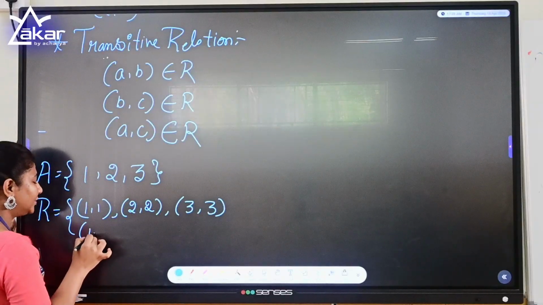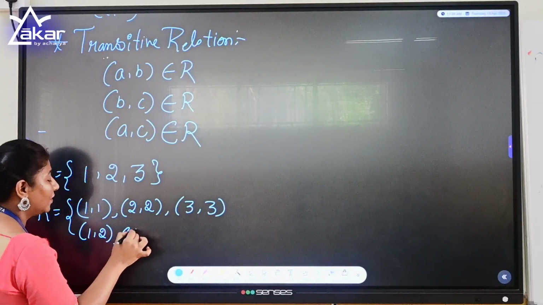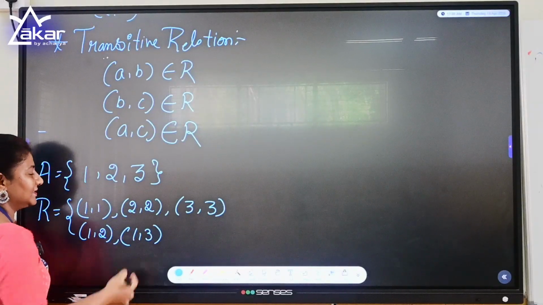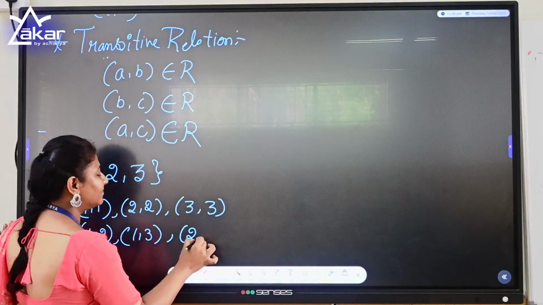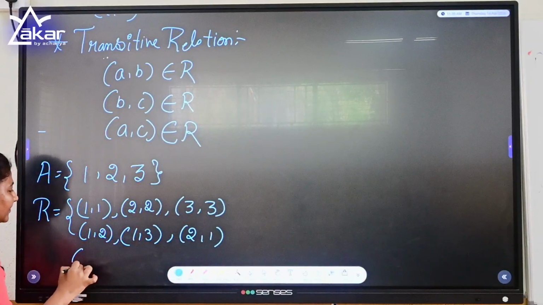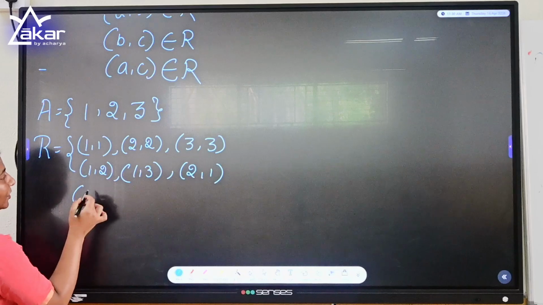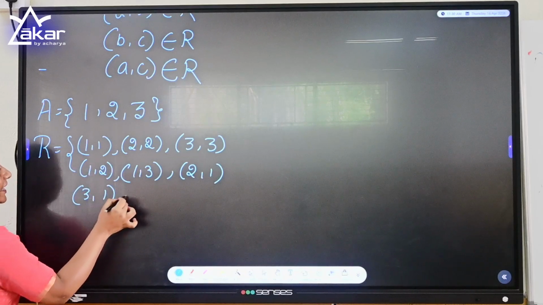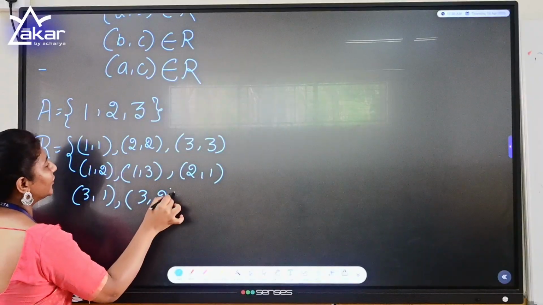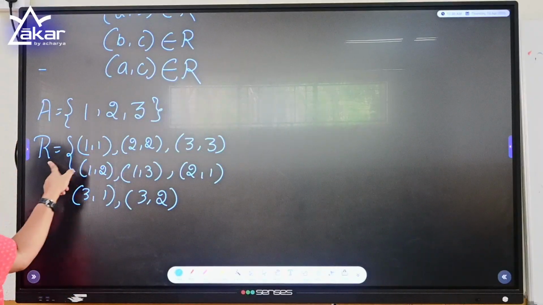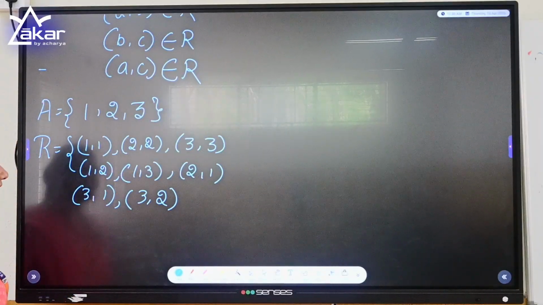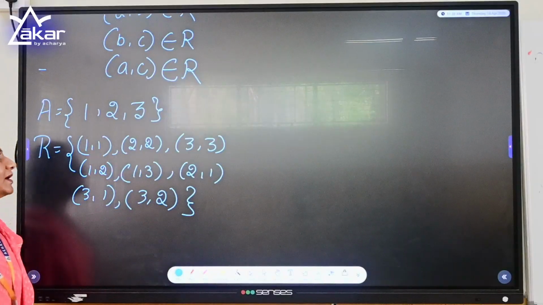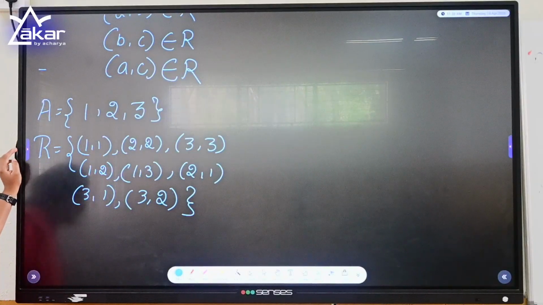Next 1 comma 2 is present, again 1 comma 3 is present. Next 2 comma 1 is present, again 3 comma 1 is present, again 3 comma 2 is present. So how many elements are there? 3, 6 and 8 elements are there. So 2 power 3 gives the value 8 elements.